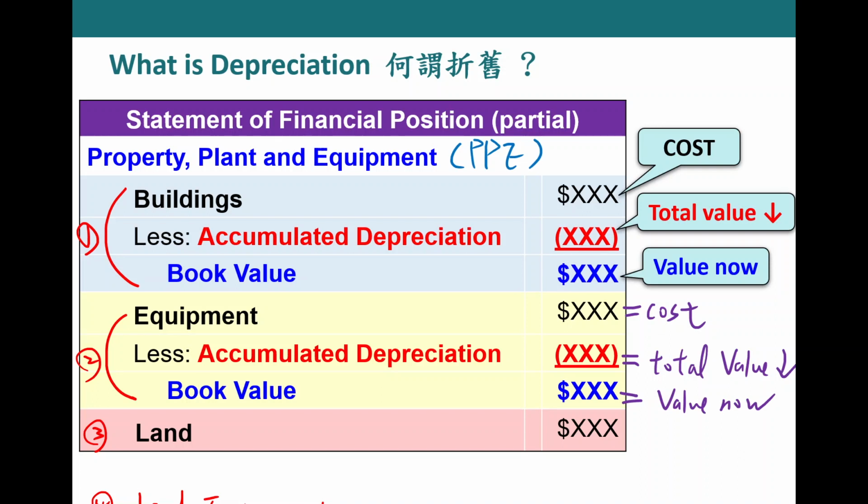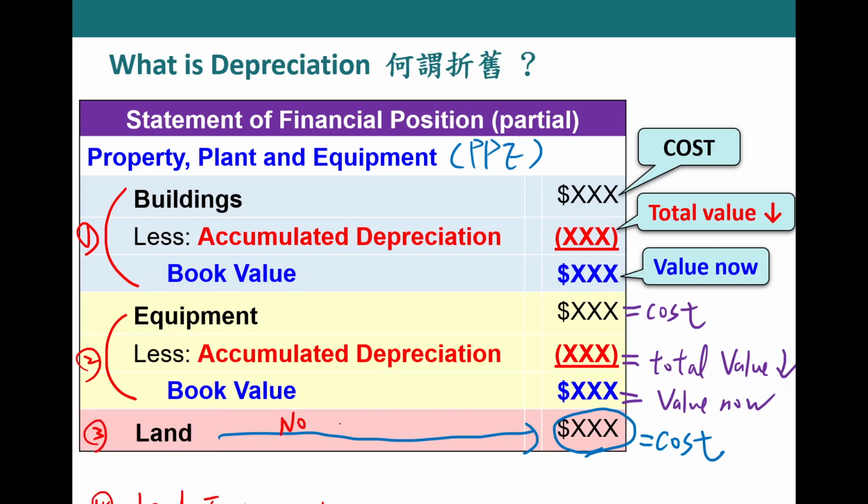Land, we have only one number. Why is that? Because for your land, do you need to do depreciation? You don't need to. So that's why for your land, you will find only one number, and this one number is the cost. Only one number because you don't need to do depreciation.